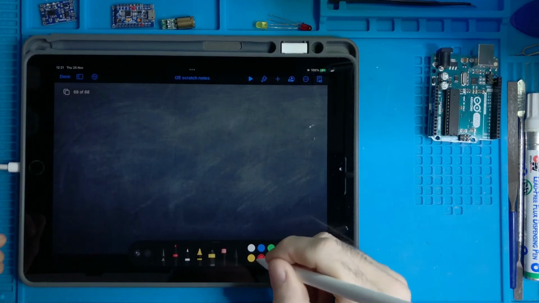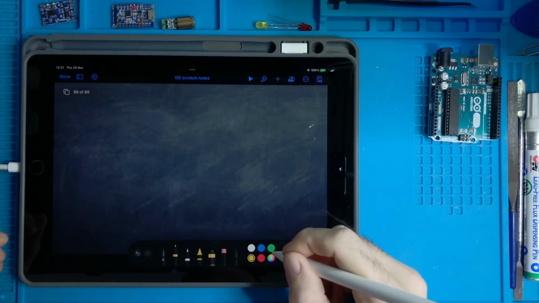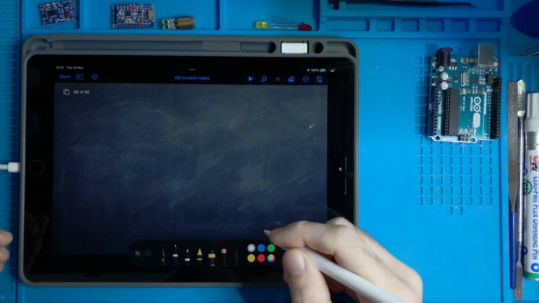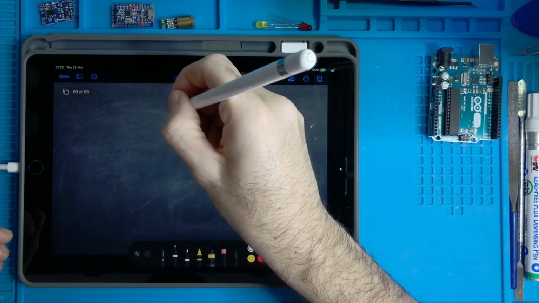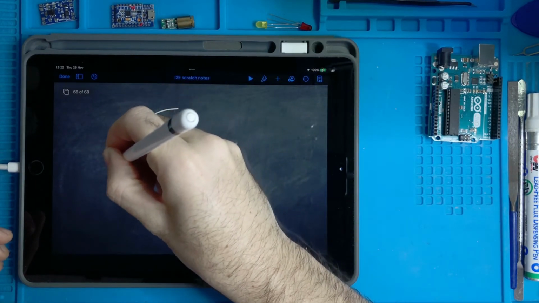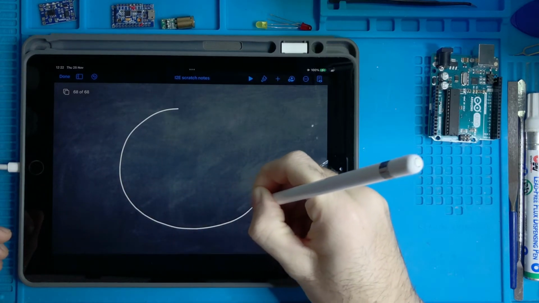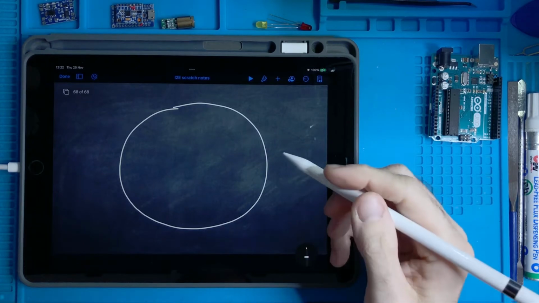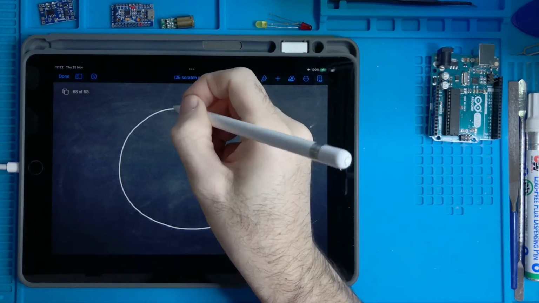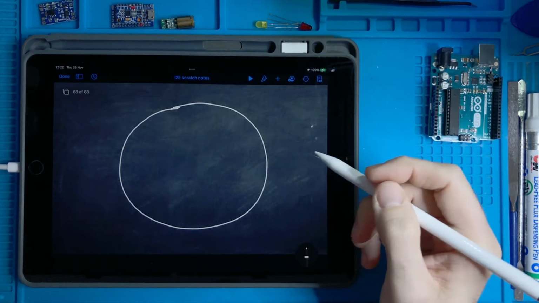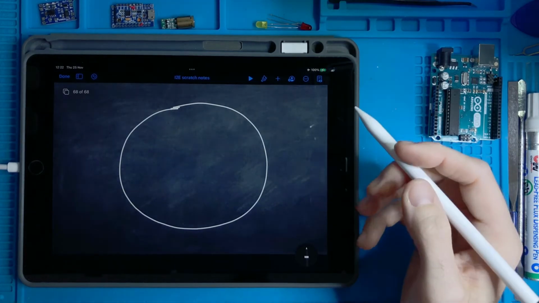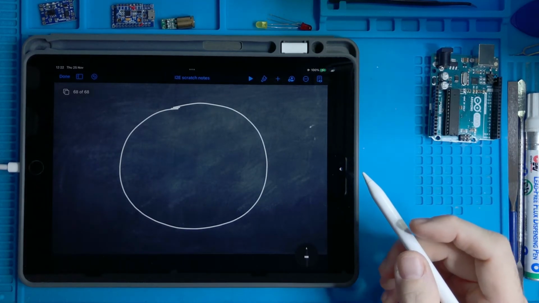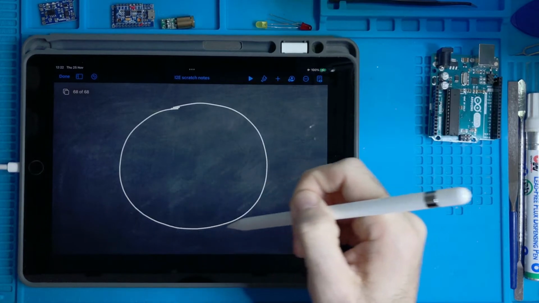And now let's consider a closed loop like this, a circle, and this circle is made of a metallic wire, so it's a conductor.